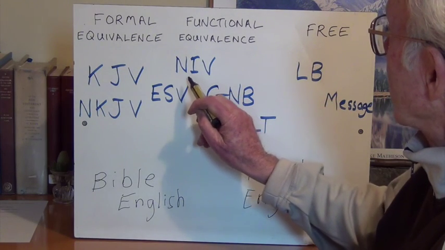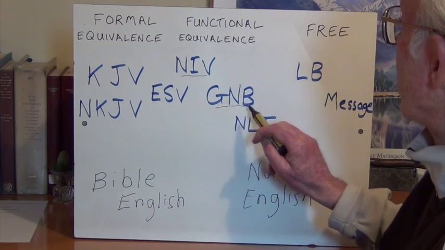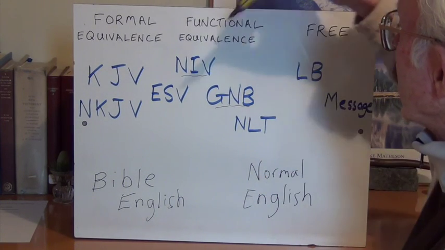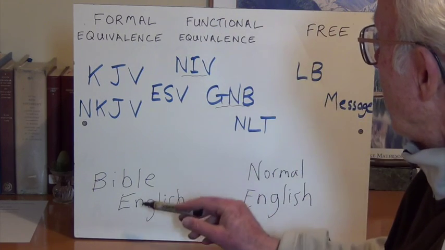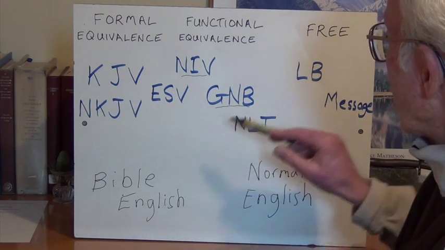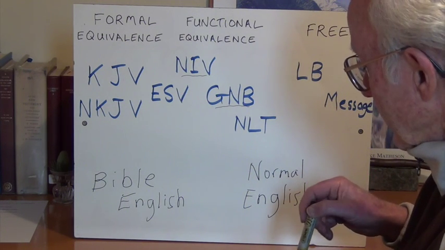Now, for the purposes of this talk, I'm going to concentrate on this one and on this one. So the NIV as a representative of Bible English, and the Good News Bible as a good representative of normal English.